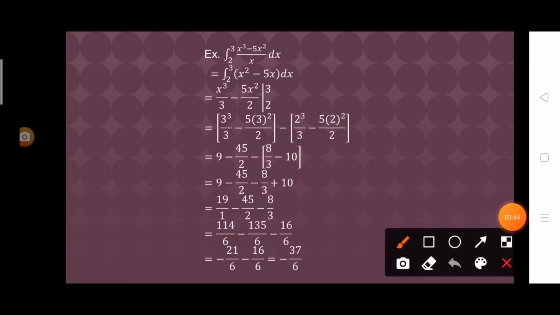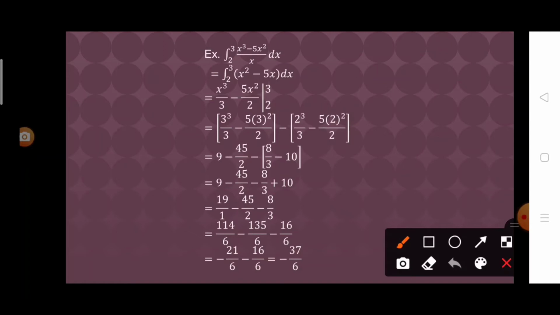Equals the quantity of 3 cubed over 3 minus 5 times 3 squared over 2, minus 2 cubed over 3 minus 5 times 2 squared over 2.